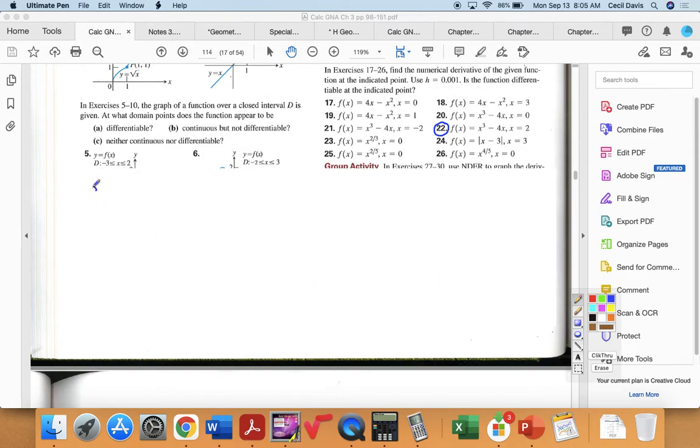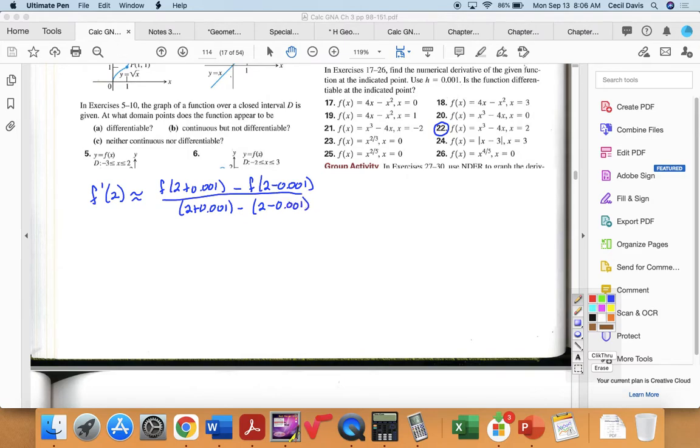So f prime at 2 should be approximately equal to f of 2 plus 0.001 minus f of 2 minus 0.001, all over 2 plus 0.001 minus 2 minus 0.001.